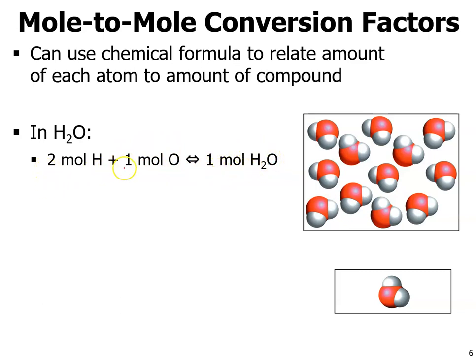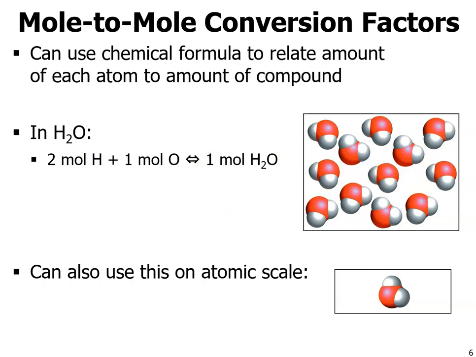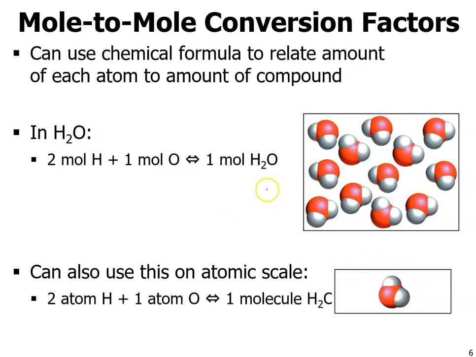So this is where we're going to start using this idea of moles, that we can also say 2 molecules or 2 atoms of hydrogen plus 1 atom of oxygen will equal 1 molecule of water. This can be on the mole scale, and it can also be at the atomic scale. So we can say those same things.